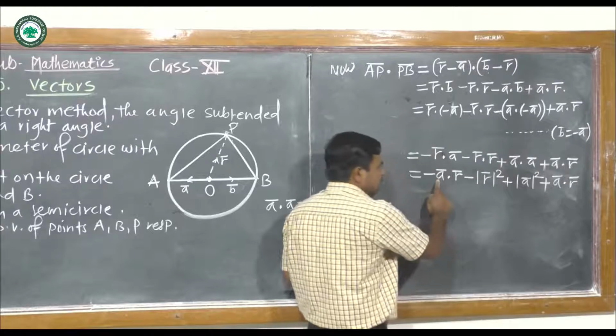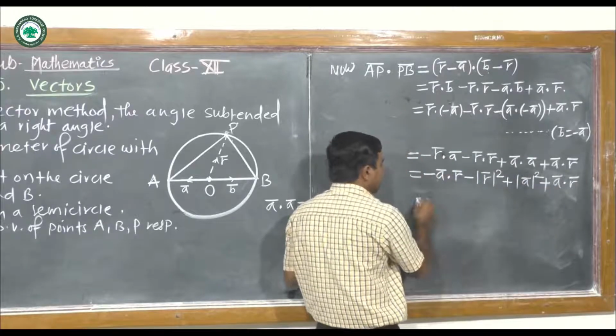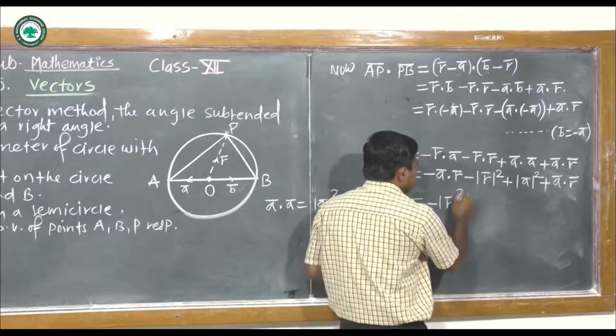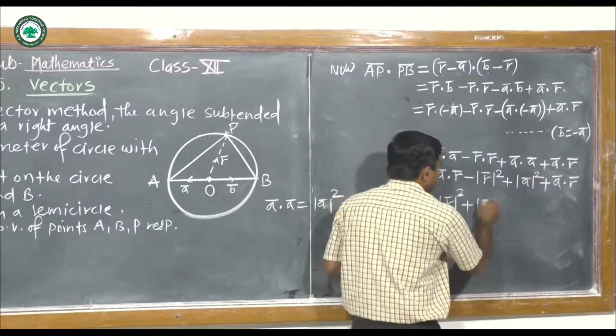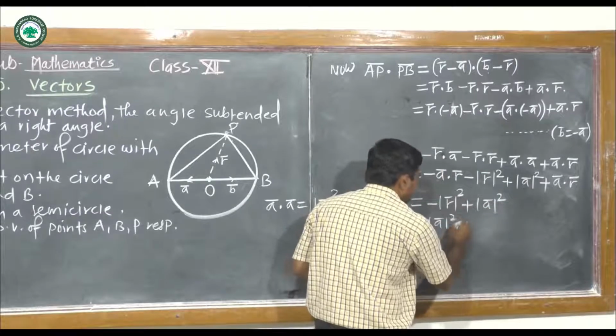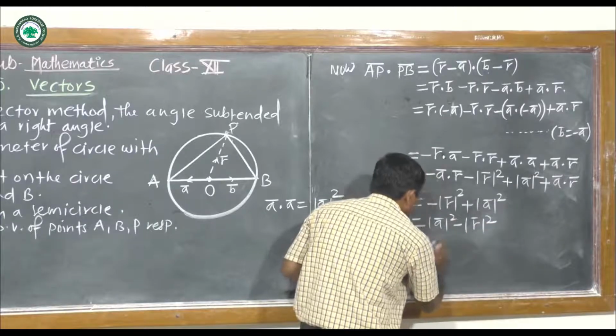Now this is minus A bar dot R bar and this is plus A bar dot R bar, both get cancelled. It is equal to minus magnitude of vector R squared plus magnitude of vector A squared, which is equal to magnitude of vector A squared minus magnitude of vector R squared, and it is equal to 0.